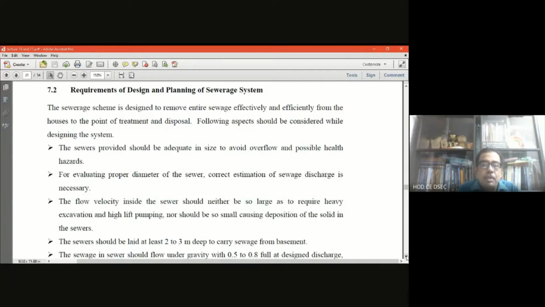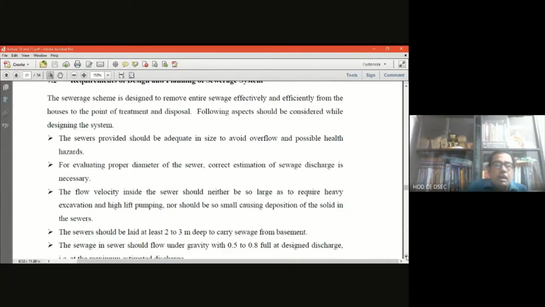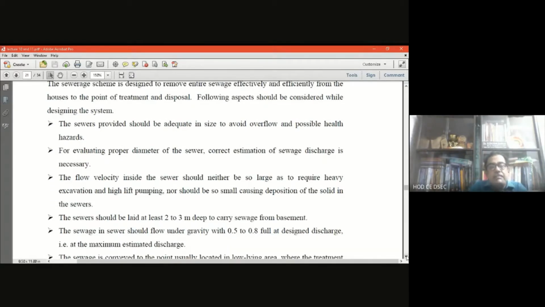Again, the flow velocity inside the sewer should neither be so large as to require heavy excavation and high lifting pumping, nor so small as to cause deposition of solids in the sewer. So we have to check the self-cleaning velocity, that is, the minimum velocity which should be there for flow in the pipe.